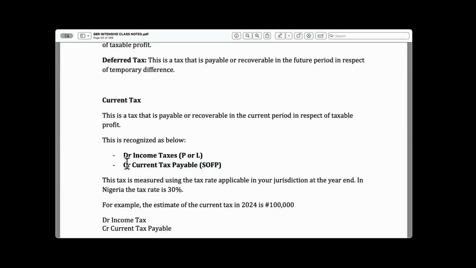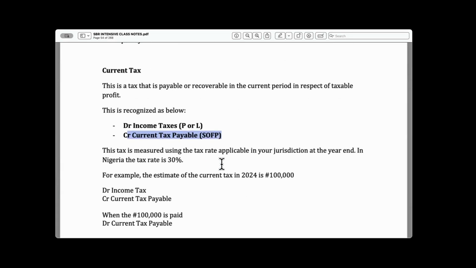But in the meantime, it shows under liability that you are owing. Now, if the tax you have computed is in respect of the 2024 account, then this is how the 2024 accounts would be published. You always find this liability there because you don't pay this tax until much later when you are filing your returns.